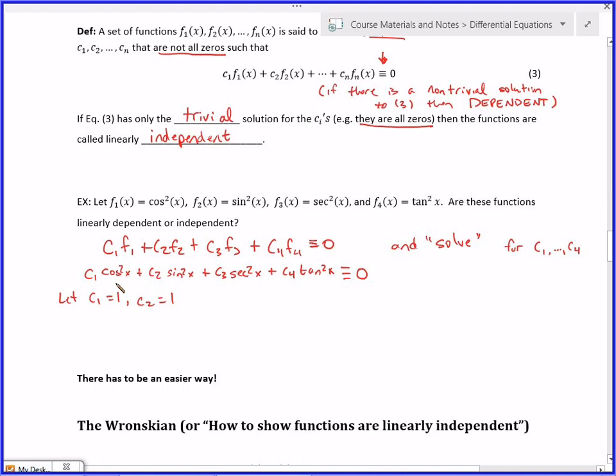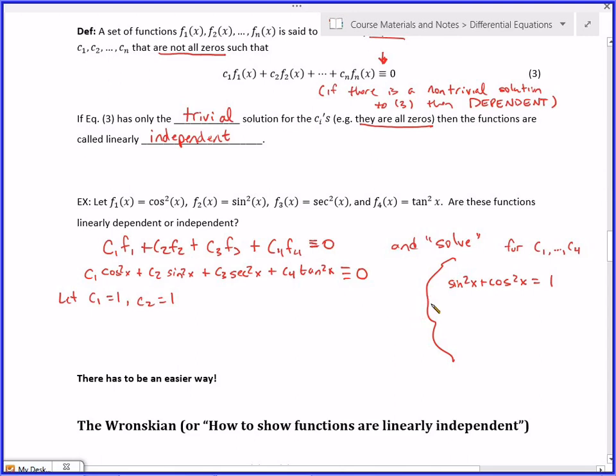Why am I choosing those? Well, I'm choosing those because I know sine squared plus cosine squared is going to give me the number 1, right? But there's also an identity that involves secant squared and tangent squared. You remember it? There's another Pythagorean identity that has to do with secants and tangents.